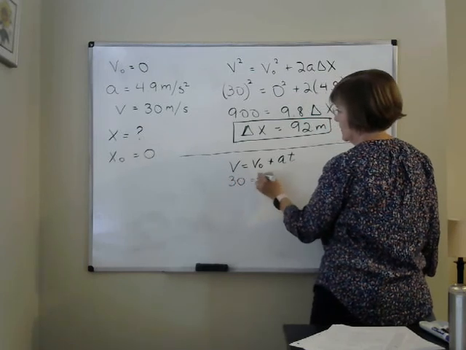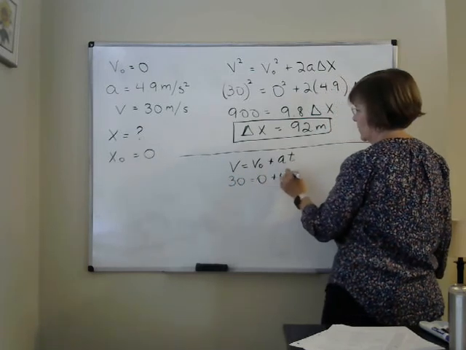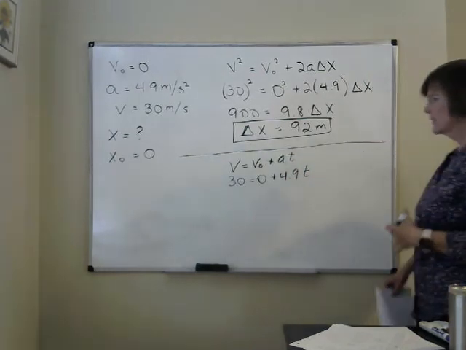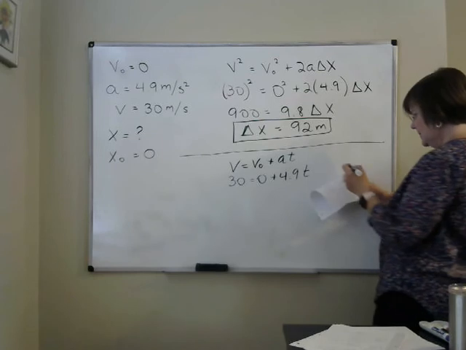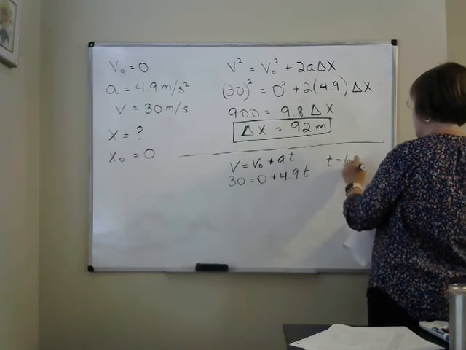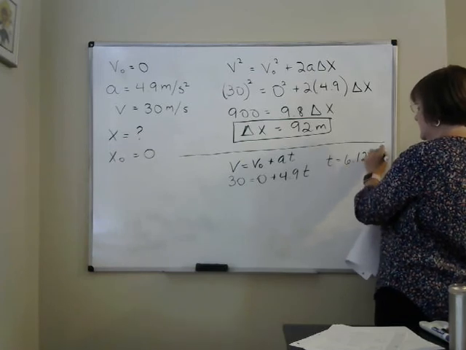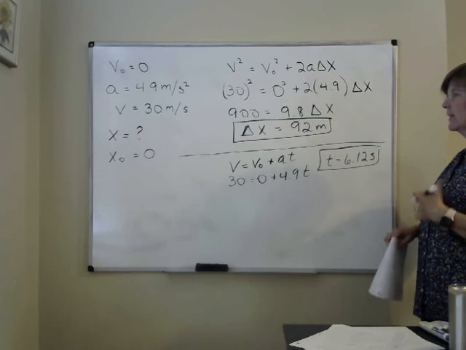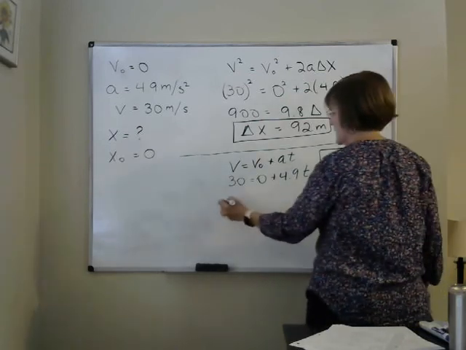No, this was 0. This is 4.9 times t. If I solve that, I can find out that the time to do this is 6.12 seconds. Now, I was not asked to find the time, but now that I know the time, I can use this.